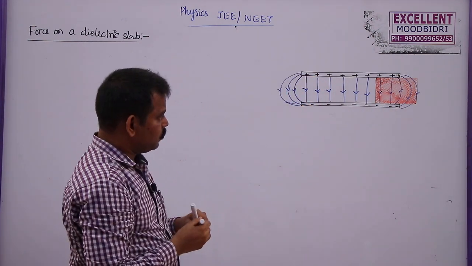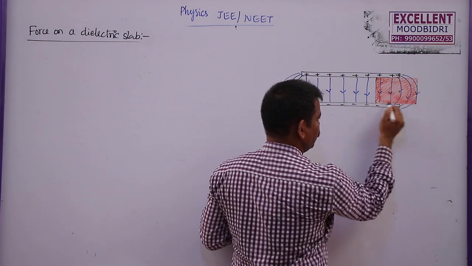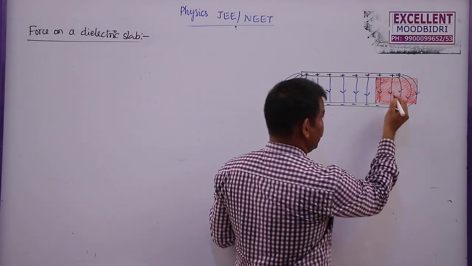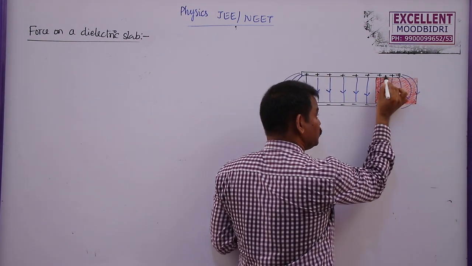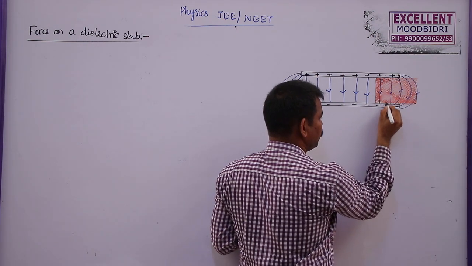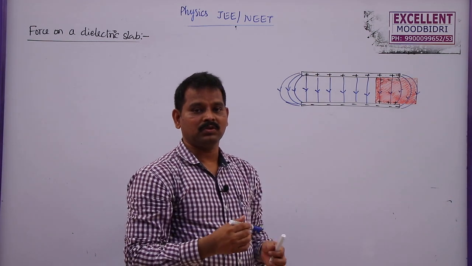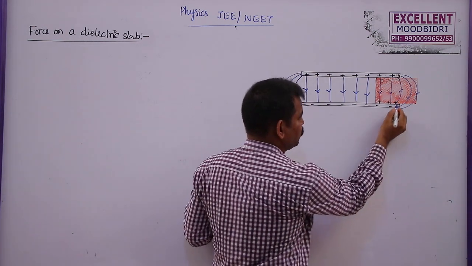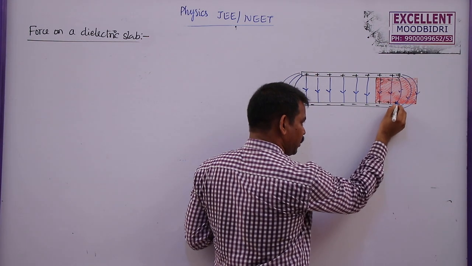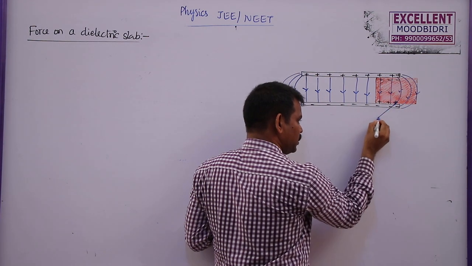Now due to this, what happens: the red colored one is the dielectric with constant K. So now the positive charge will induce a negative charge on this one, and the negative charge will induce a positive charge on this one. We know that the positive charge always moves in the direction of the field. So this induced positive charge, the positive end of the dielectric, will be attracted and will try to move in this direction.